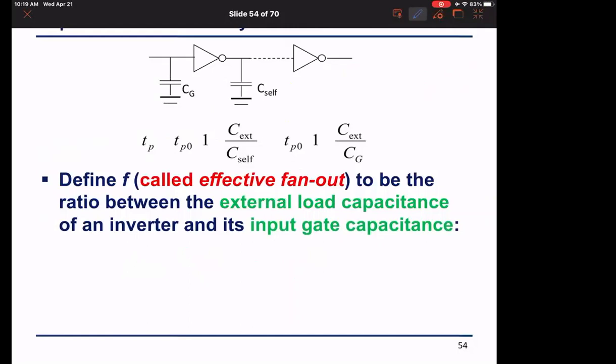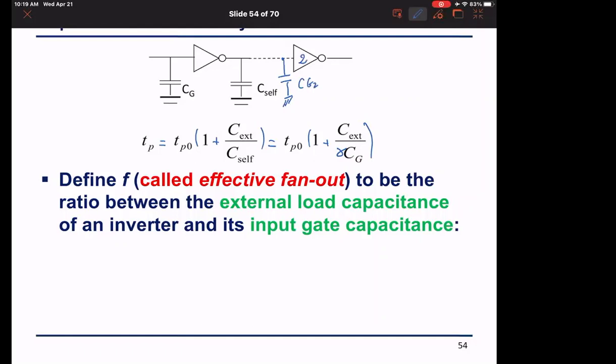Okay, so we said TP is TP0 into 1 plus C external over gamma CG. We are going to define F. Look at this. To me here, what is C external? It is CG2.